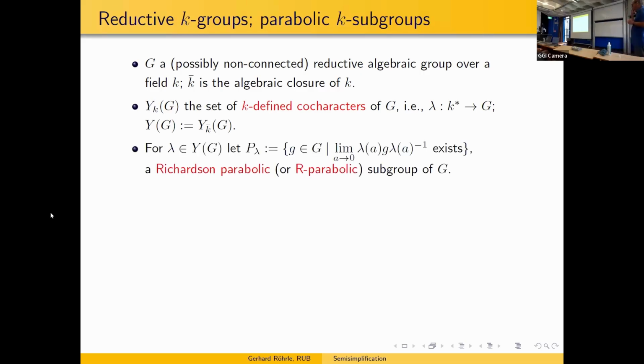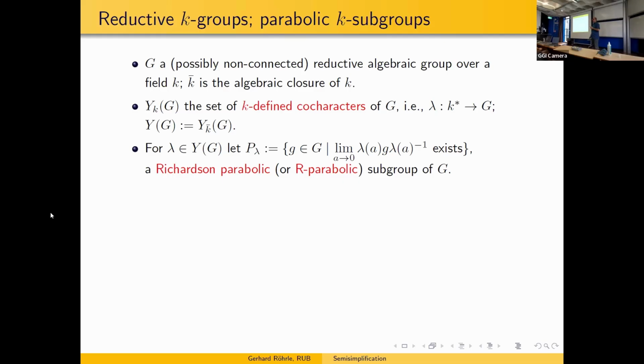Then I can look at all the elements in my group such that if I conjugate by the image of the one-dimensional torus coming from a co-character, right? This is this thing, right? Take an element and conjugate by an element from this one-dimensional torus, and I look at this limit. If this limit exists, then I stick this element, little g, in a set called P lambda.